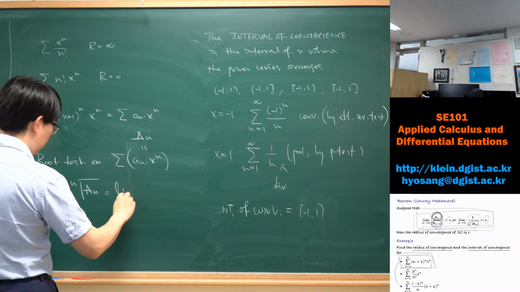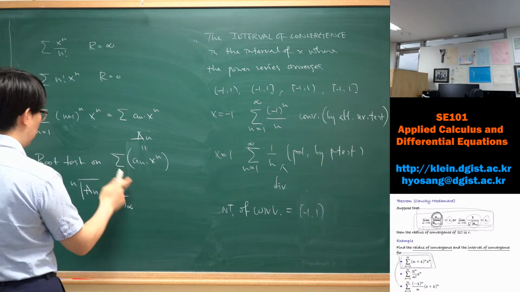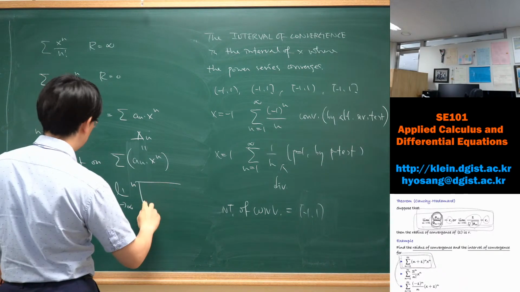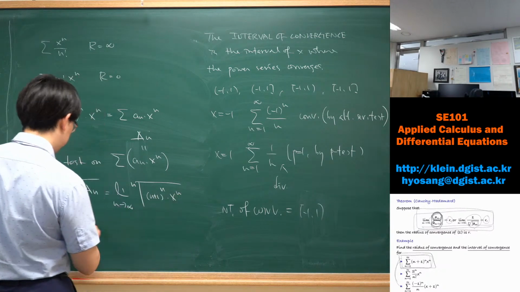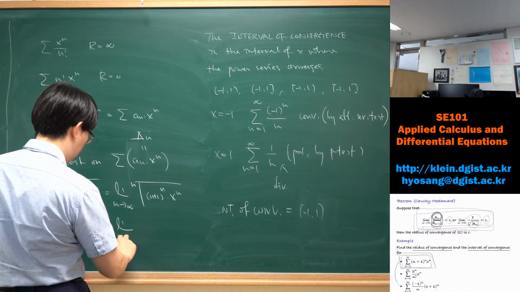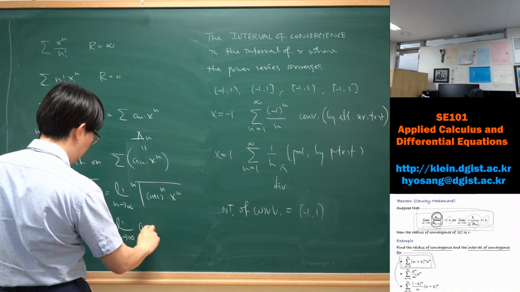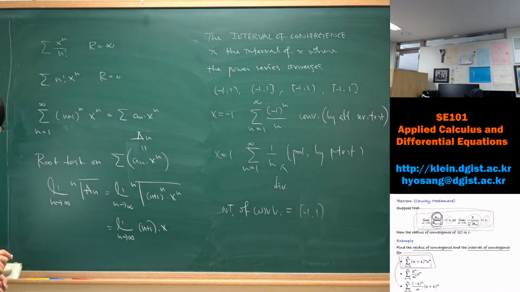So the limit as n goes to infinity. So an is now nth root of (n plus 1) to the power of n times x to the n, and this is the limit as n goes to infinity of (n plus 1) times x. What's the limit?